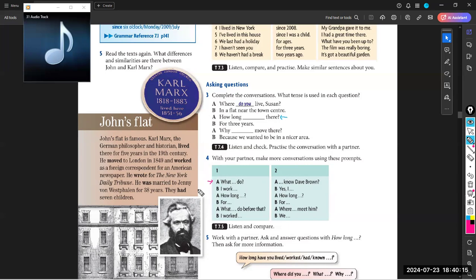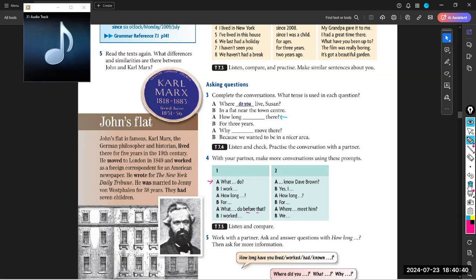Okay. How long have you been a pharmacist? For 5 years. And what did you do before being a pharmacist? I worked in a shop. Oh, exactly. Thank you so much. That's amazing. Thank you, Tagreed.